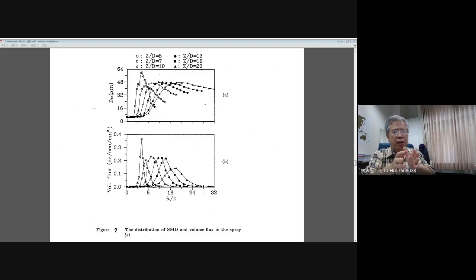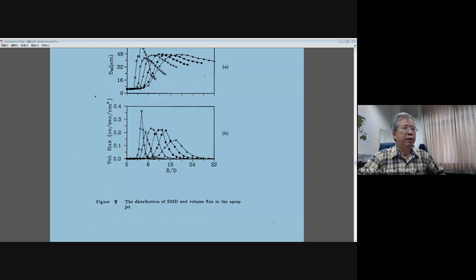That means the spray region along the sheet will extend further downstream, and this extension will give you more mixing with the outer air. At that time, in the downstream region, the spray becomes more dilute compared with the dense conditions near the injector.